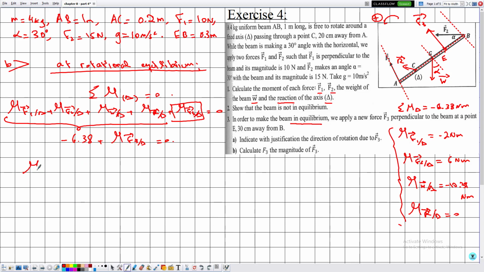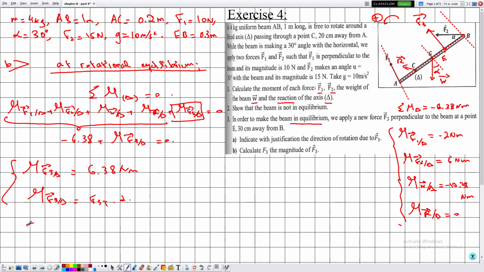Now the moment of F3 around delta is equal to 6.38 newton meters, but at the same time we know that the moment of the force F3 around delta is equal to F3 tangential multiplied by the distance d.